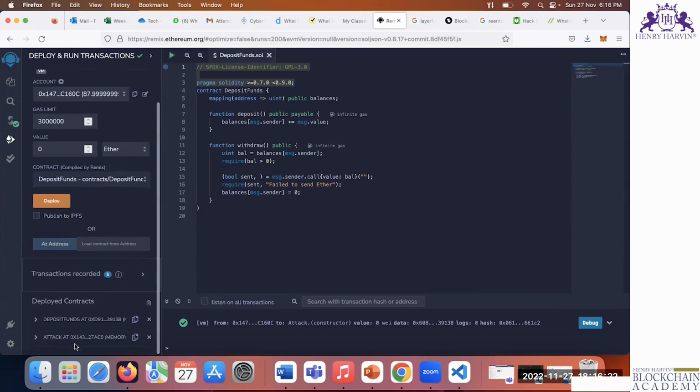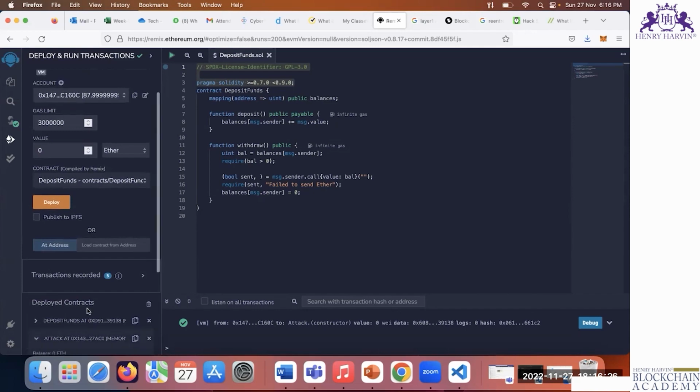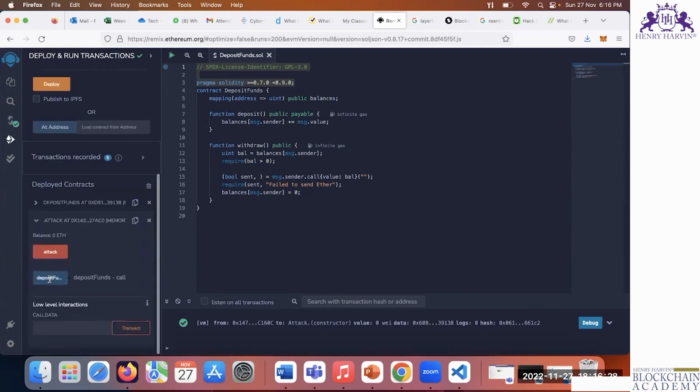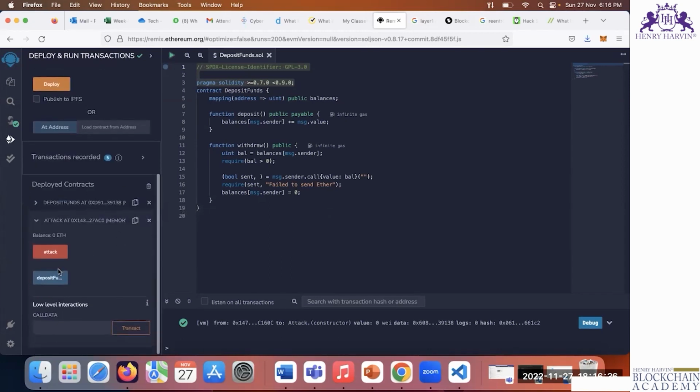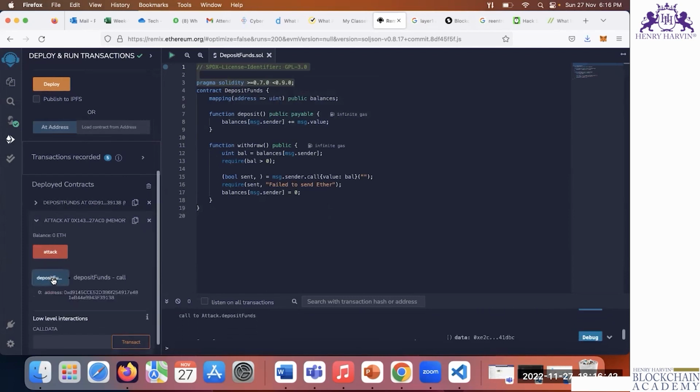The attacker, or a hacker, created this smart contract. What he is doing is he first deposits one Ethereum to the smart contract. So, deposit fund. He is depositing.